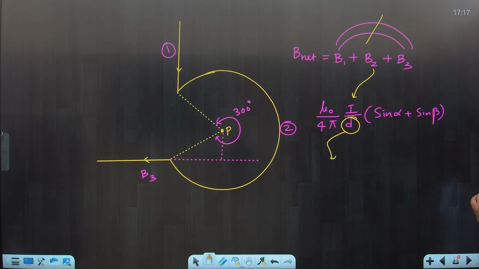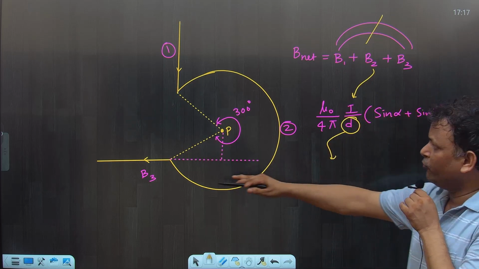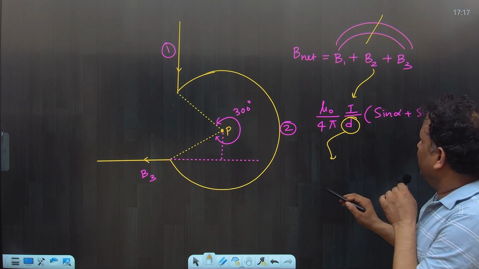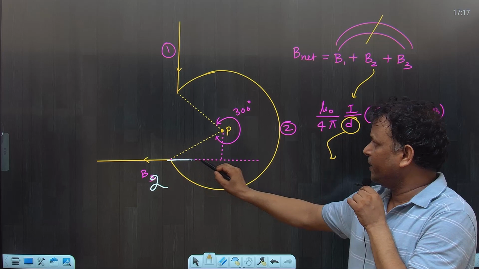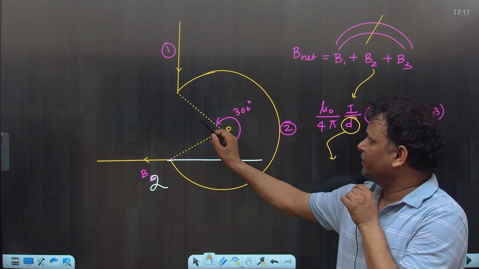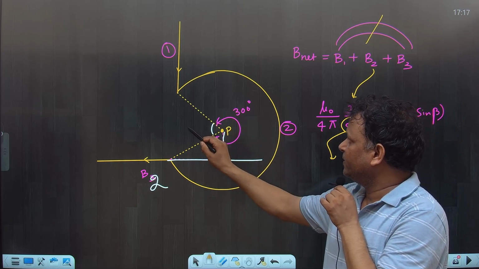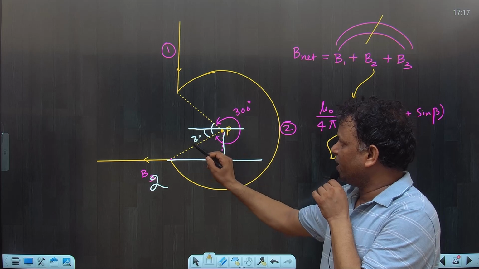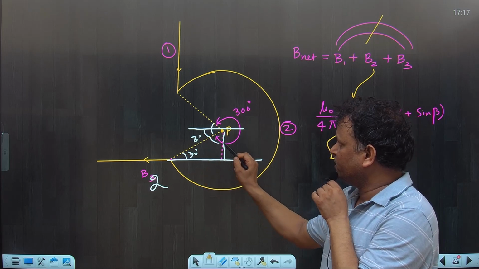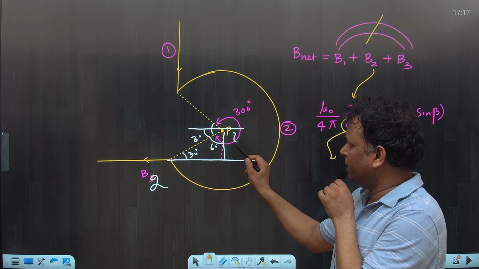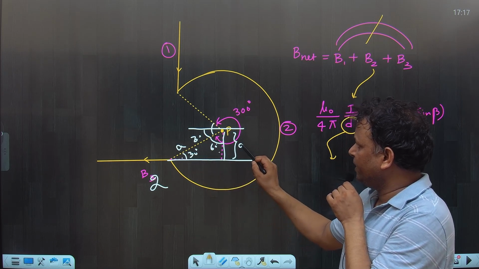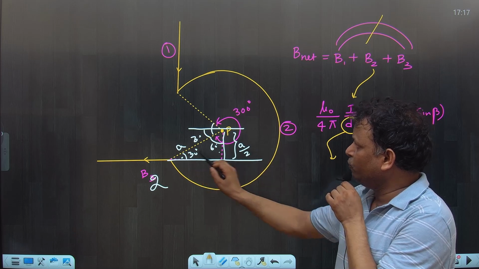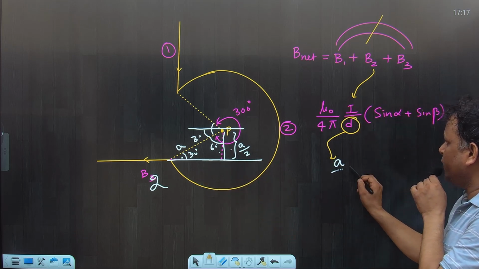Now we should calculate B2. Due to this, extrapolate this, draw the perpendicular. This total angle was 60 degree. This is 30 degree, so this angle is 30 degree also. This is 60 degree. You want to calculate the length of perpendicular. This is A, so in front of the angle, this is A sin 30, that is A by 2, right? So D is A by 2 here.